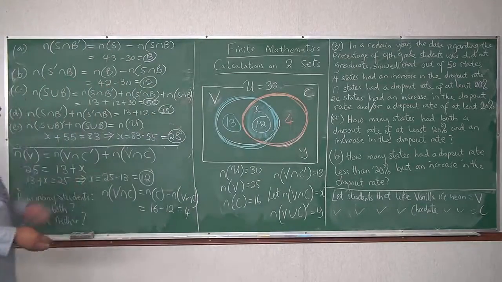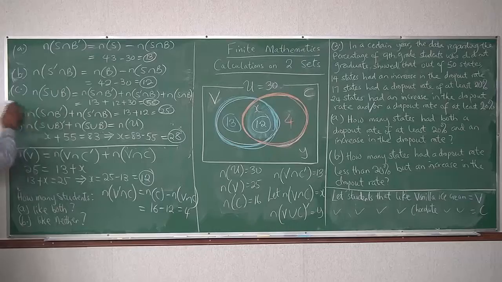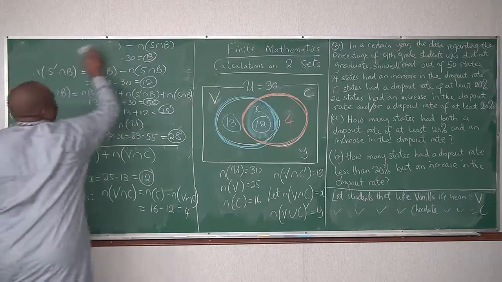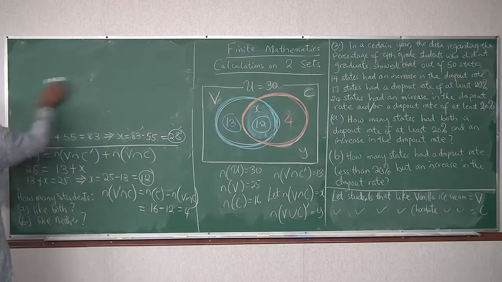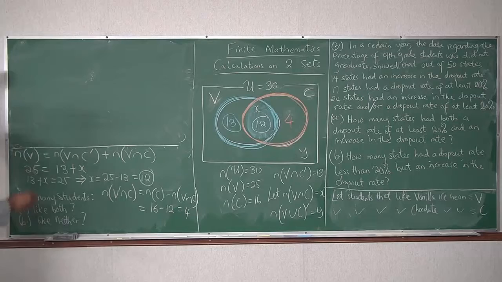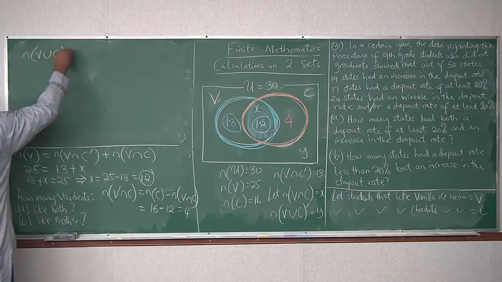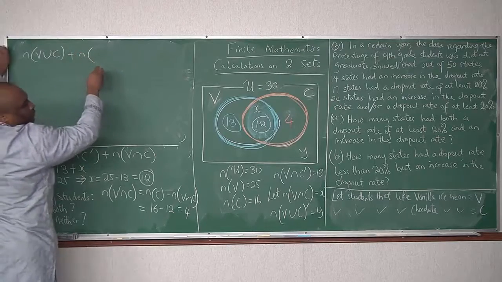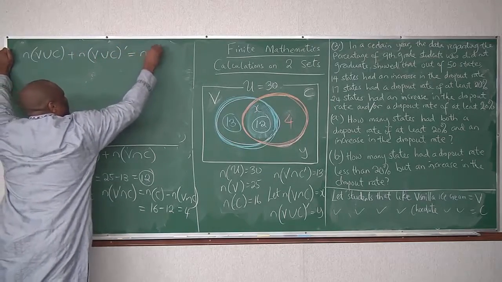And then if you want to find our y, I think it's now time to erase here. We can now say that the cardinality of vanilla union C plus the cardinality of vanilla union C all prime will give us the cardinality of the universal set.